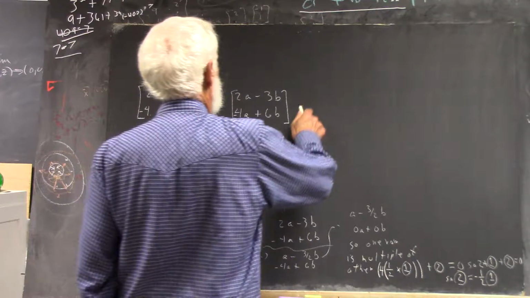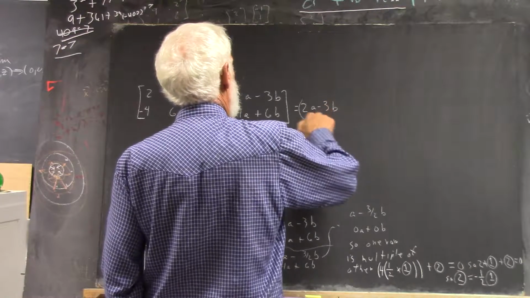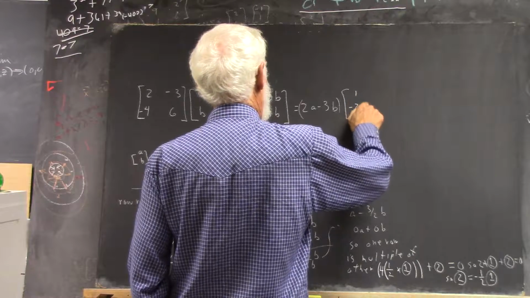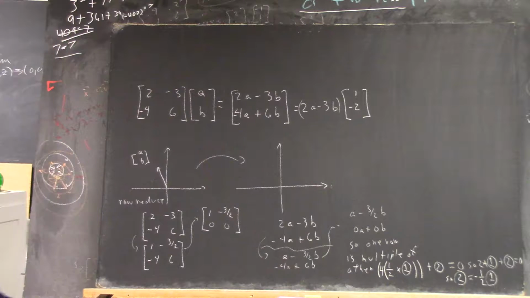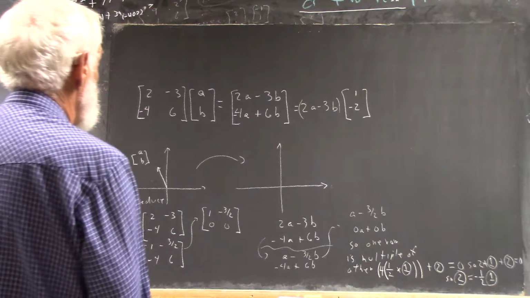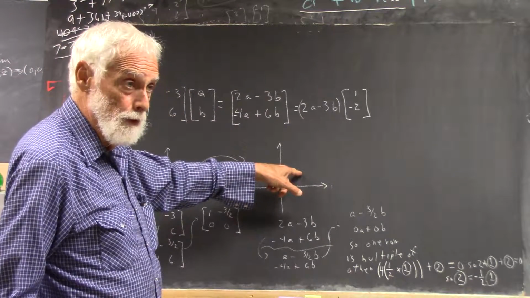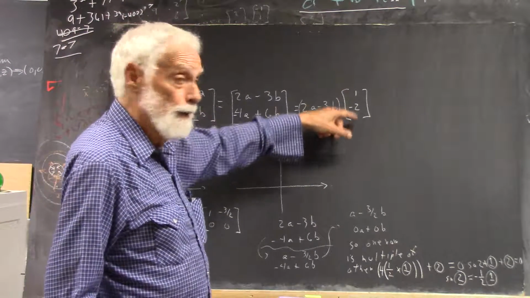So what we get here is 2a minus 3b times 1 negative 2. Which means that any vector over here transforms to a multiple of 1 negative 2.